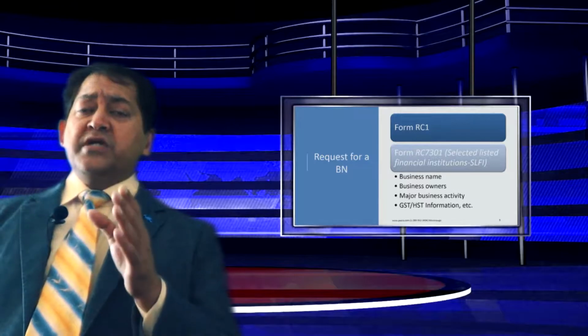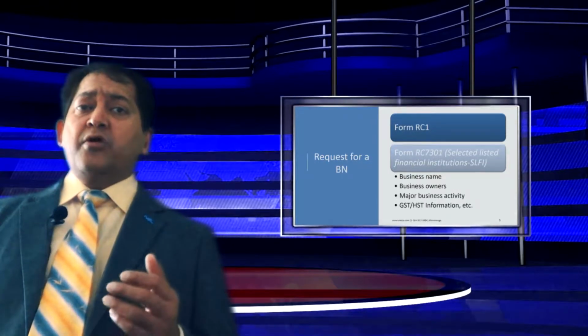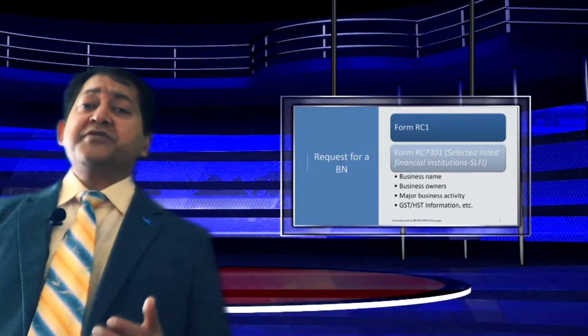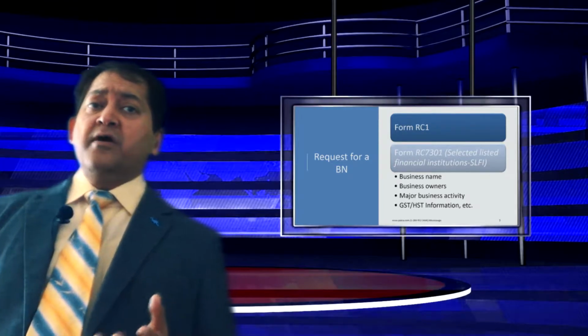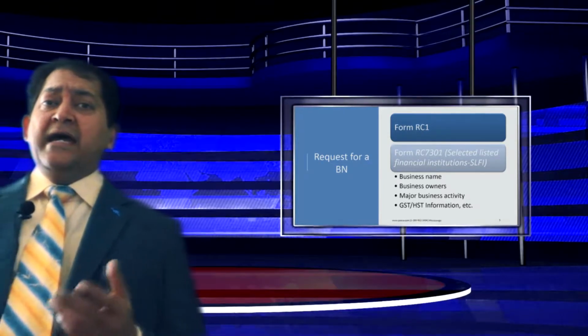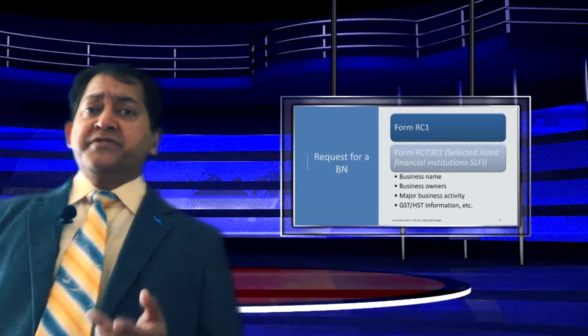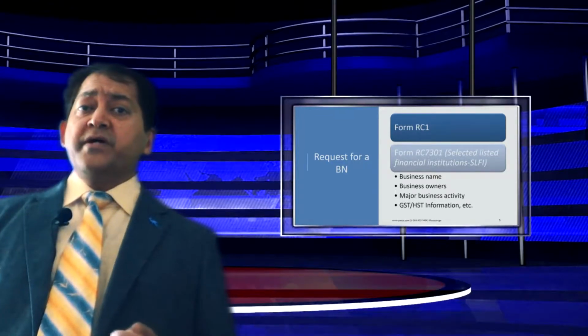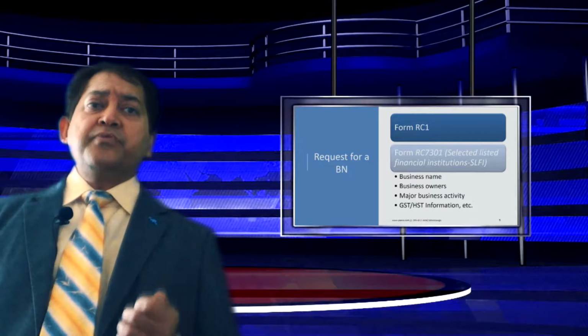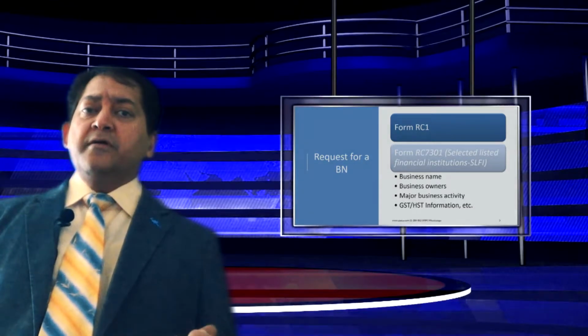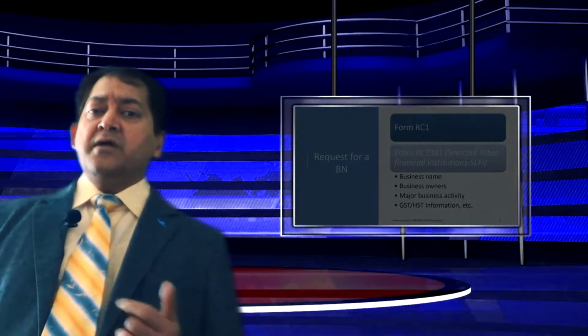But whichever form you are using, there are certain important information elements that you have to provide to the CRA before they are going to issue you a BN. This information may include your business name, who the owners of the business are, what the major business activity is, and of course GST, HST information, etc.